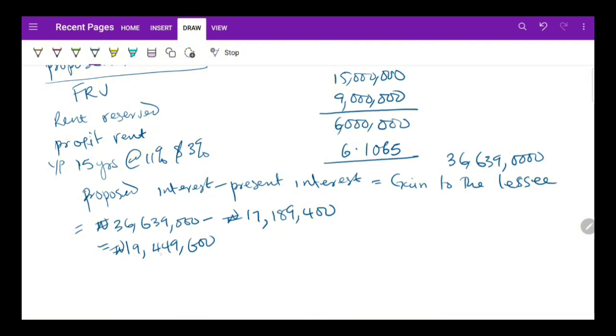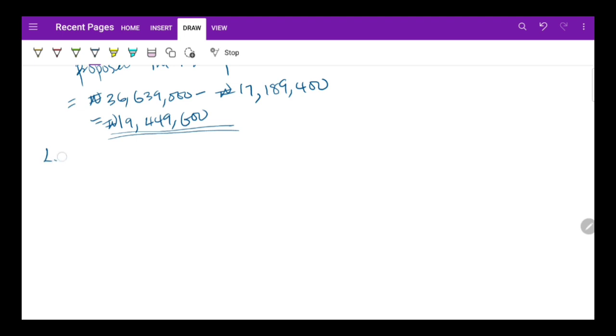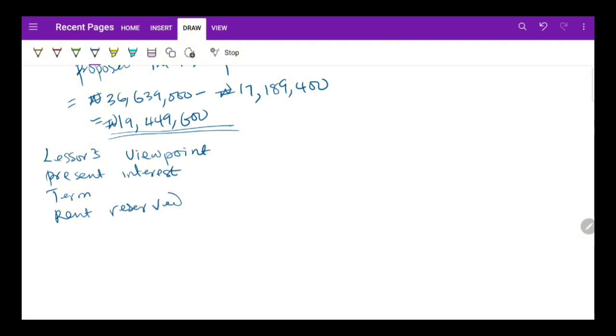So now let's look at it from the lessor's viewpoint. And then we first do the present interest. Okay, and for the present interest, of course, we first do the term. So for the term, we have the rent reserved, which is the rent paid, and that is 9 million naira.